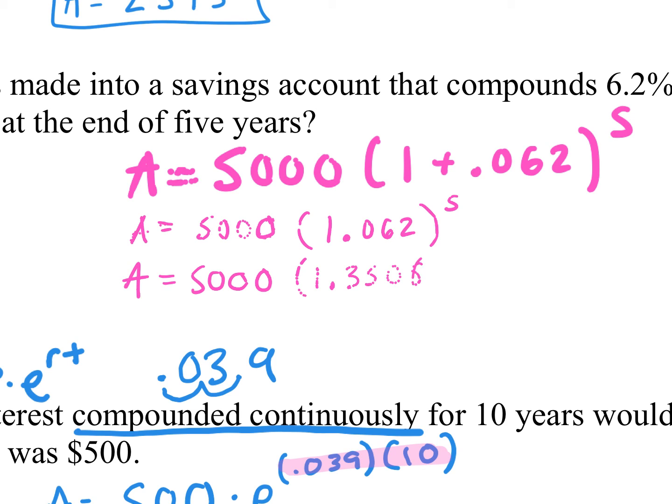So A is equal to, what do we get? $6,754.49. Again, if you're off by a couple cents, that's totally fine.